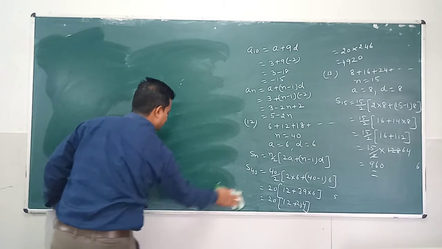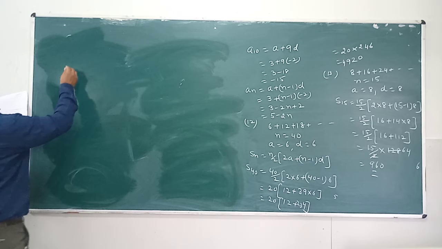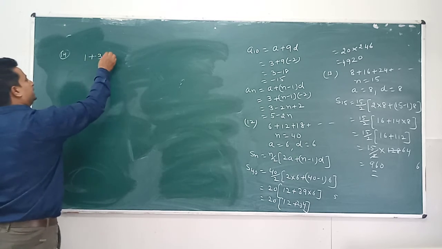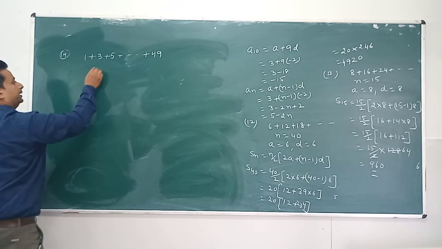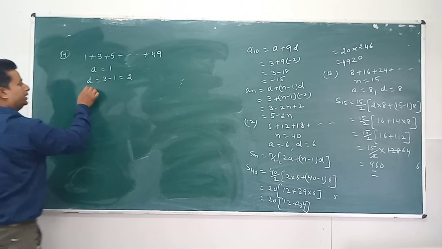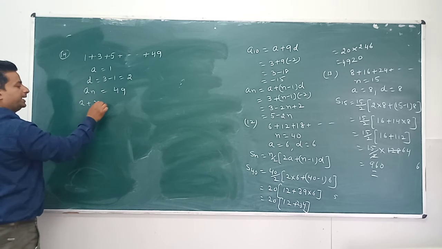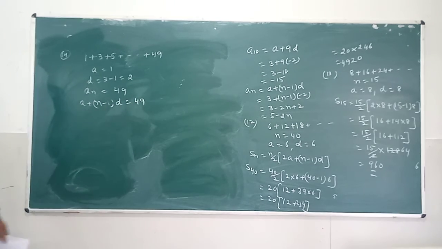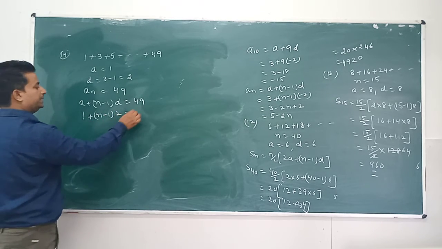In the next question, the statement is: find the sum of odd numbers between 0 and 50. Here the odd numbers are 1 plus 3 plus 5, and the last one is 49. Here a is 1, d is 2, and an is 49. First we find n by using the formula a plus n minus 1 into d. Here a is 1, n minus 1, d is 2.